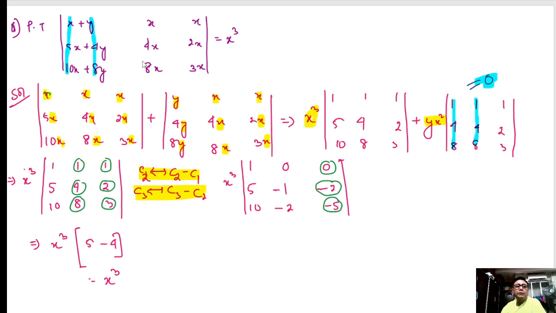So see, we got this row as 1 0 0. So now let's apply plus, minus, plus. For 1 we will take this much part and solve it. It is giving you plus 5 minus 4. So that is the proof.